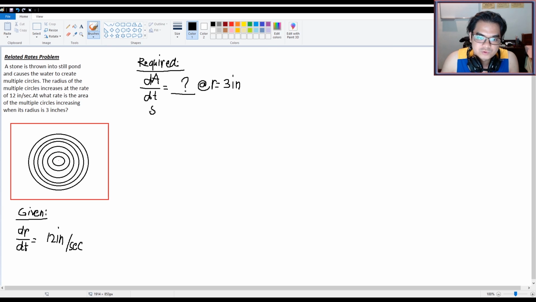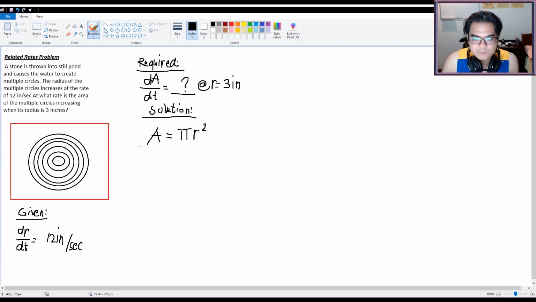For the solution, in order for us to get dA over dt, we have to perform the first derivative on the area. If that is a circle, of course, the area of a circle is simply, we all know this, pi r squared.